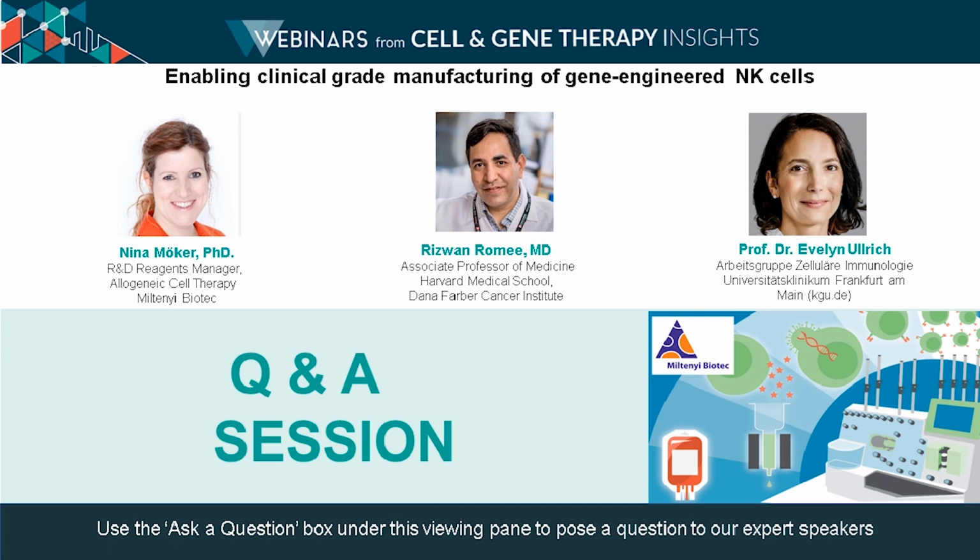So the production protocols and the QC protocols for the lentiviral vector itself will have to be optimized again. And once you have defined a lentiviral vector system, it is still very important to invest the effort in defining the exact specifications for each new construct that you are introducing. Meanwhile, we don't have to change the general manufacturing protocol anymore, like adding vectofusin or including a step of spinoculation.